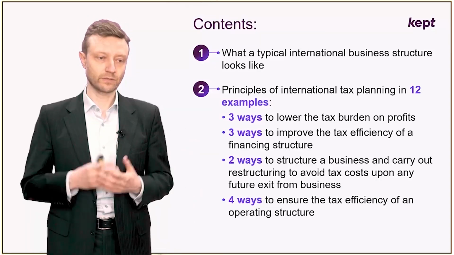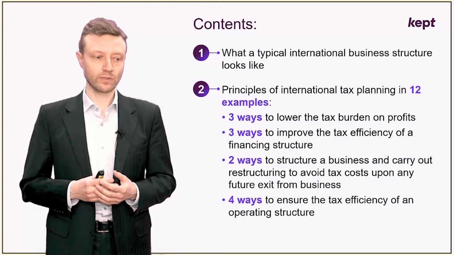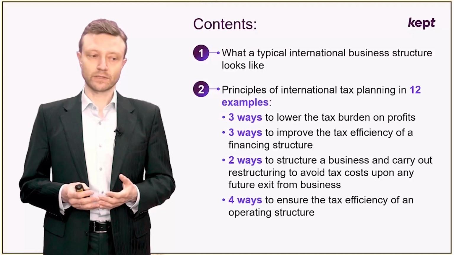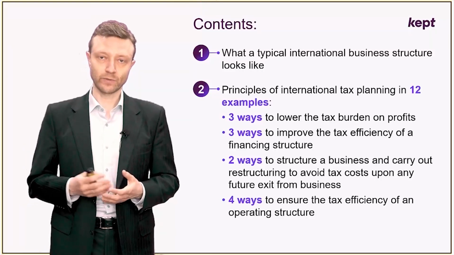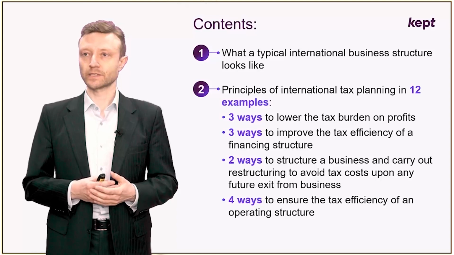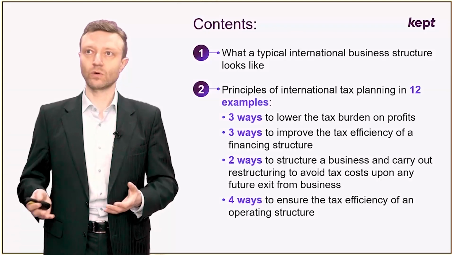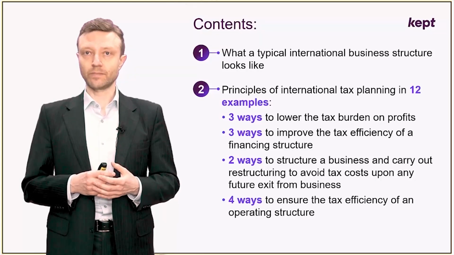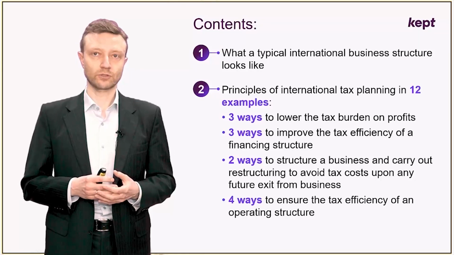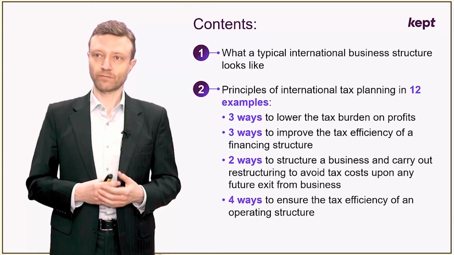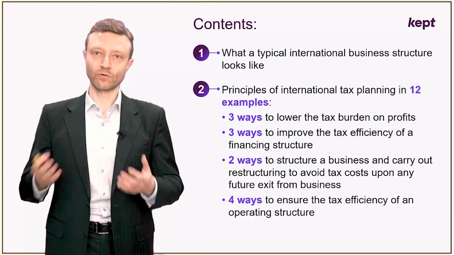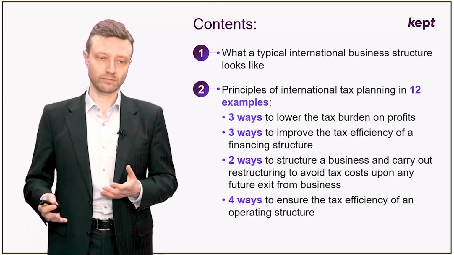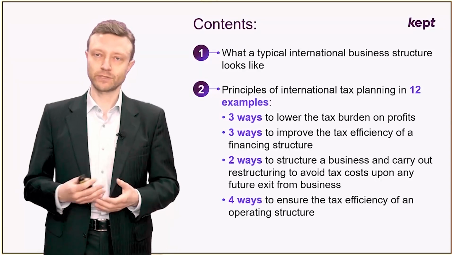Third part of examples, 2 cases, will be about tax planning in structures so that restructuring projects are carried out in a way that they do not create excessive tax burden in future, or how potential exit from a business should be considered upfront, and in view of potential exit from a business, tax structuring decisions are made.